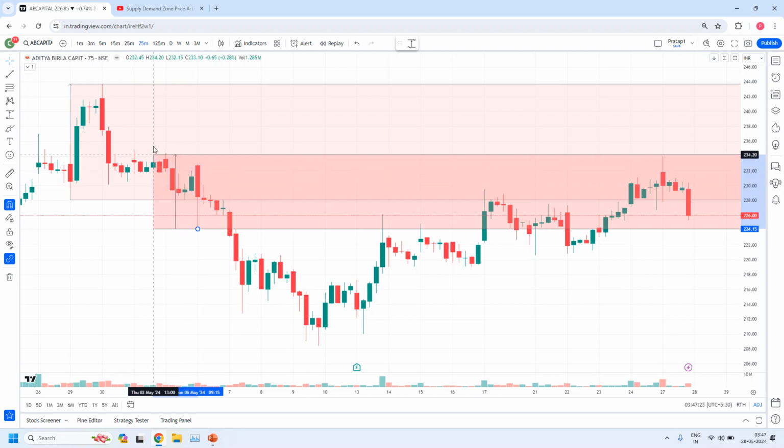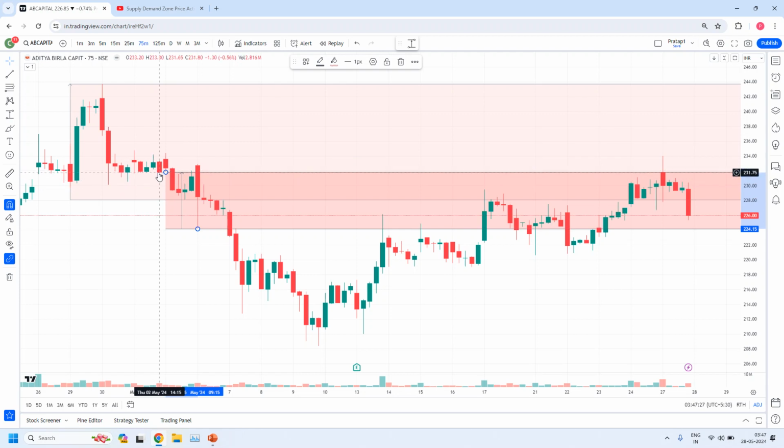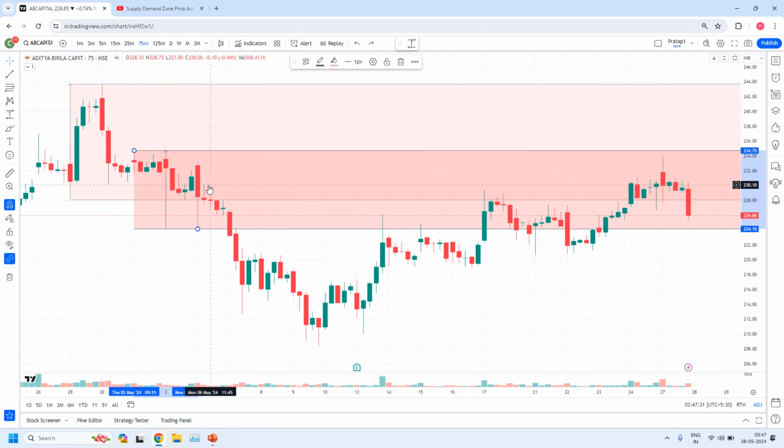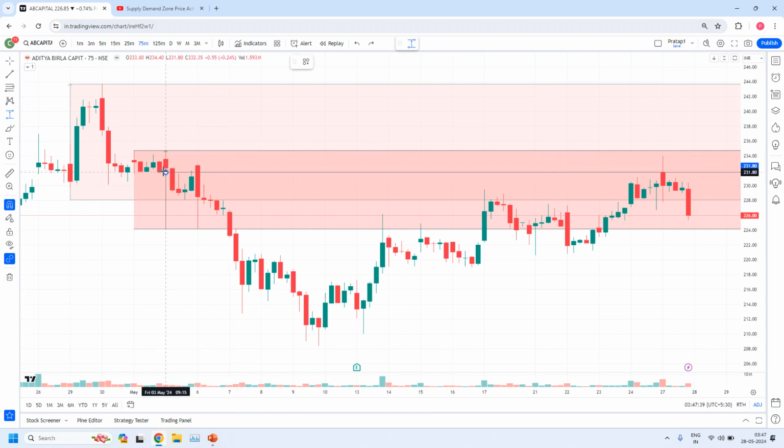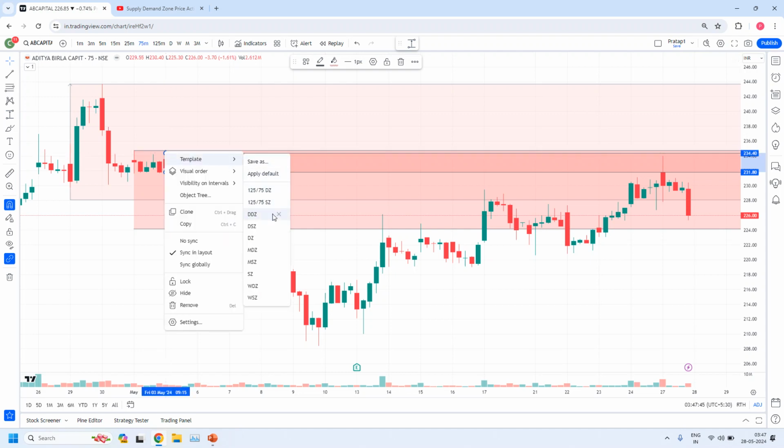So you have a rally, this is a base candle, this is a drop candle. Rally, base, drop. Now let me adjust the daily zone. Okay. See, because a vertical line has come, you are not seeing this candle properly. Now this is the zone. Which zone? This is the 75-minute zone.